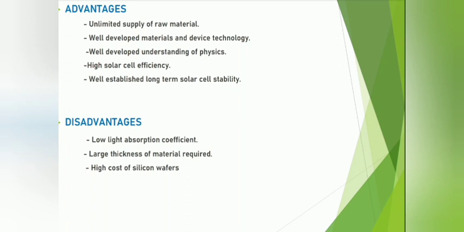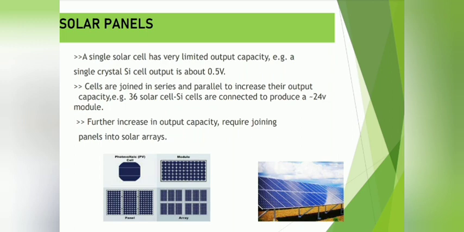Now, solar panels. A single solar cell has very limited output capacity. For example, a single crystal silicon cell's output is about 0.4 volts.